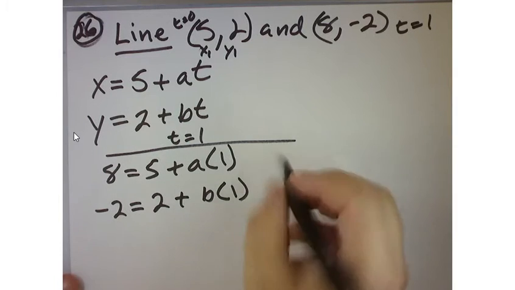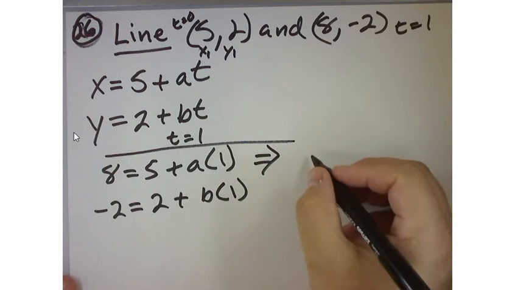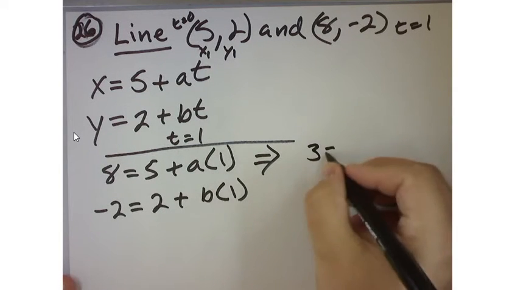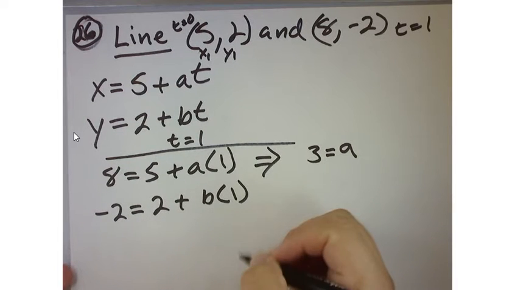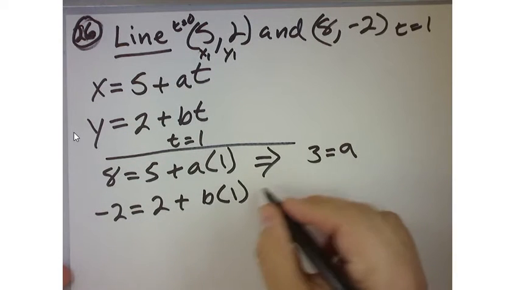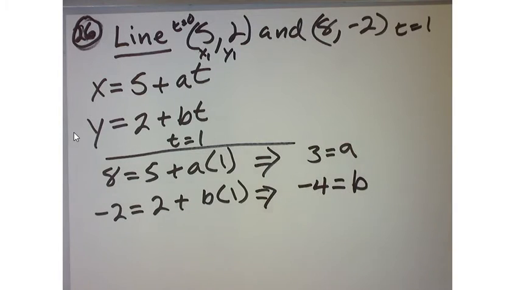Well, if I take this and I subtract 5 from both sides, what I end up with is that 3 is equal to a. And if I do the same thing over here, I'm going to subtract 2 from both sides, so I end up with negative 4 is equal to b.